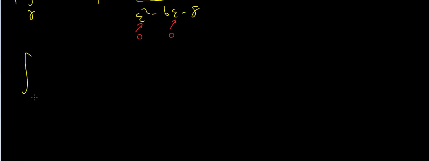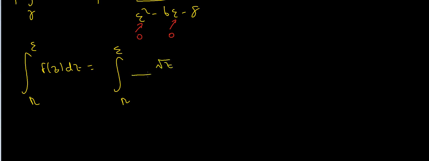So the integral from r to epsilon of f of z dz is just equal to the integral from r to epsilon. Well, what's my definition of f? That's the square root of z divided by z squared plus 6z plus 8 dz.